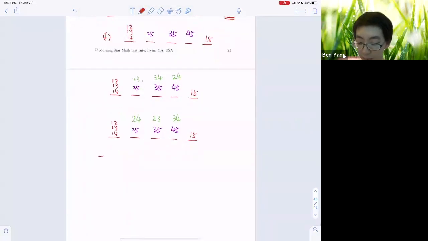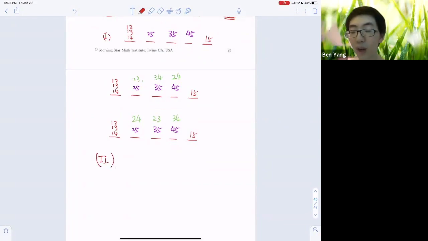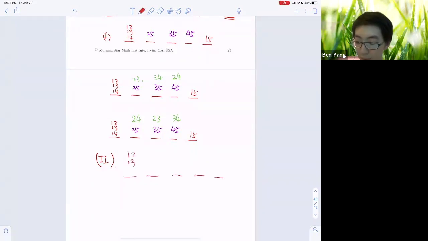Second subcase. We have 2 cards in the last box. So 1, 5 is already there. We need to pick one from 2, 5, 3, 5, and 4, 5. Again, things are pretty symmetric, so we can assume that 1, 5 is there, and also 2, 5 is there.